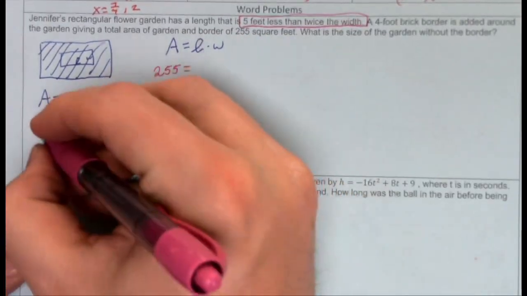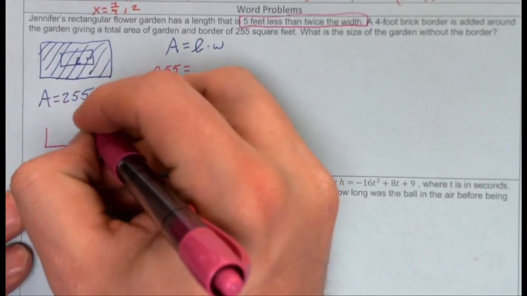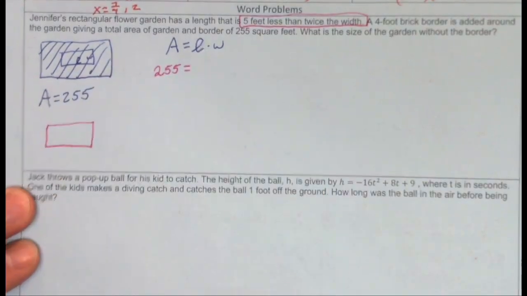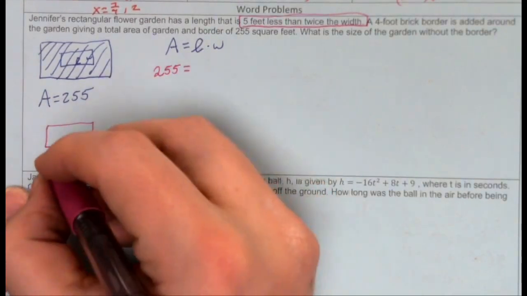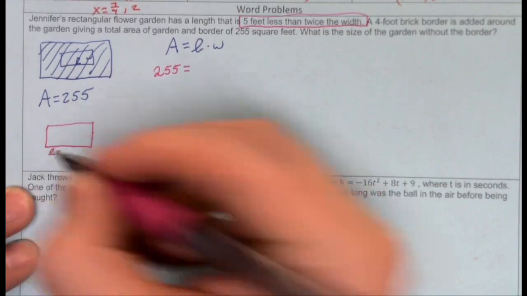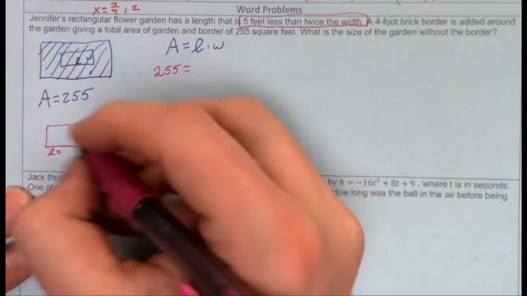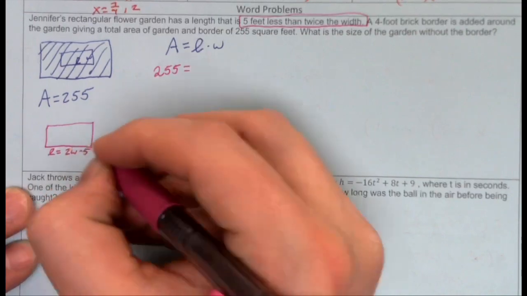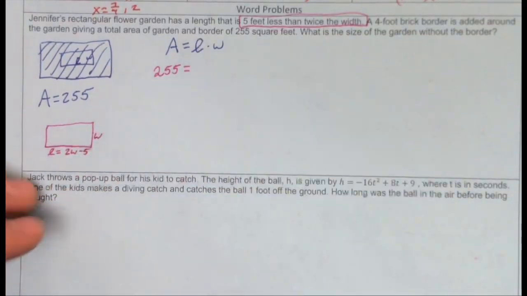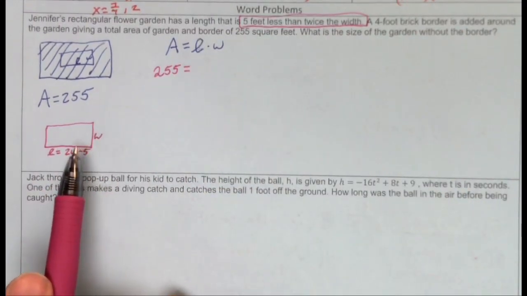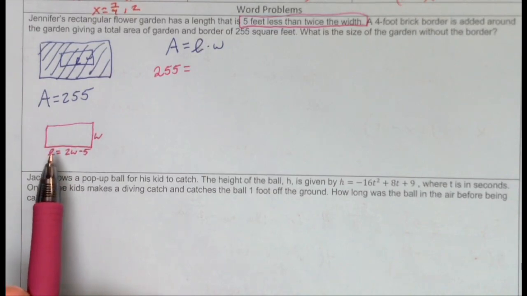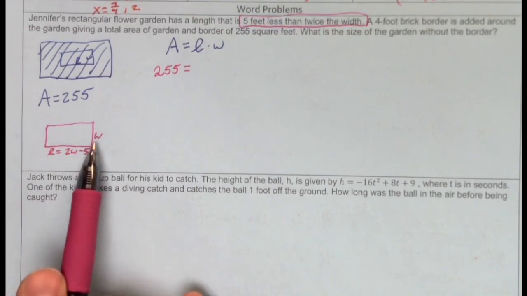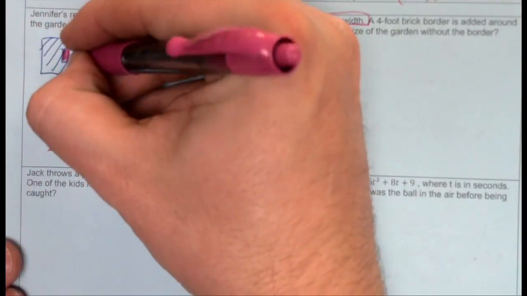So I'm going to draw the garden again. And we find out that the length, L, is equal to twice the width minus 5. Sweet! But unfortunately, if I were to multiply this times that, I would only get this area.